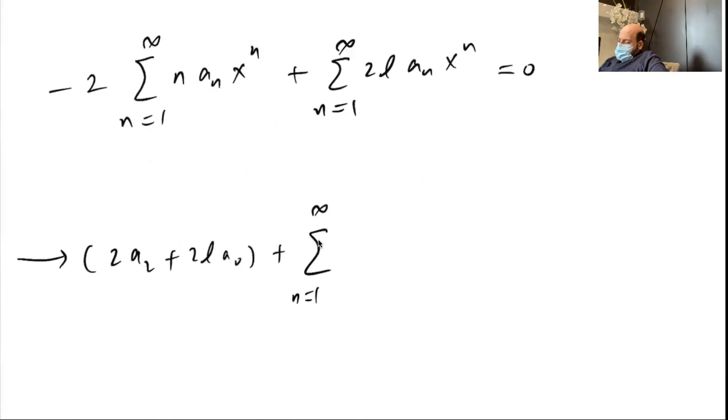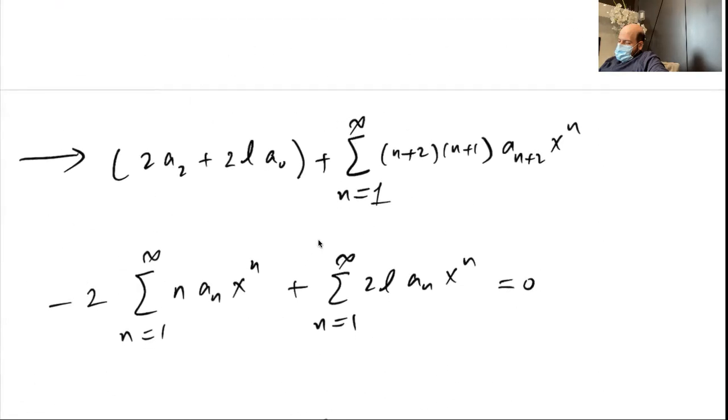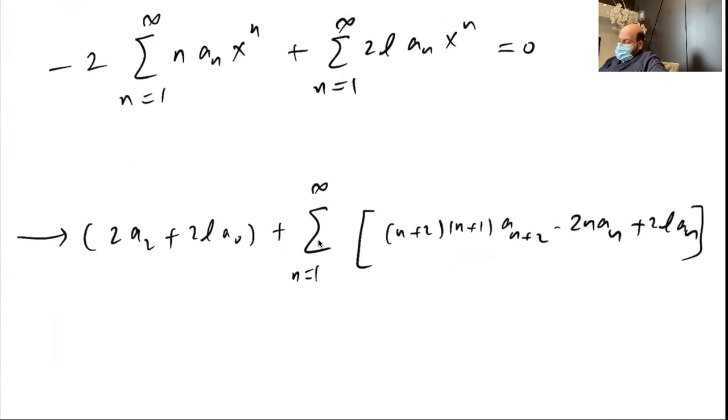And then just add these coefficients: n plus 2 times n plus 1, a n plus 2, minus 2n a n, plus 2l a n, x to the power n equals 0.